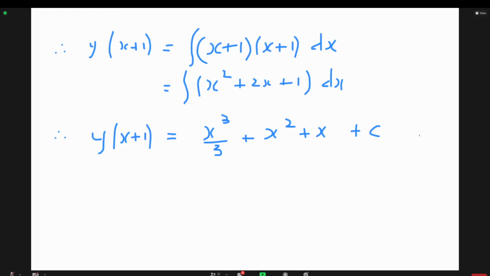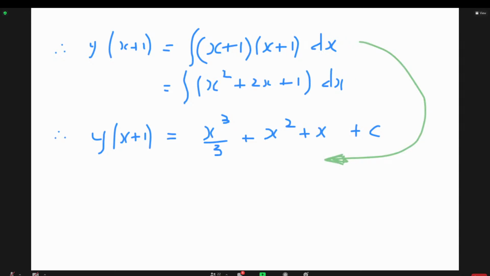Okay. Now, I'll show you another trick, however. If you're on top of your integration game, this would be what we are accustomed to. So this step here would have been what we are accustomed to. We just expanded and so on and so forth.